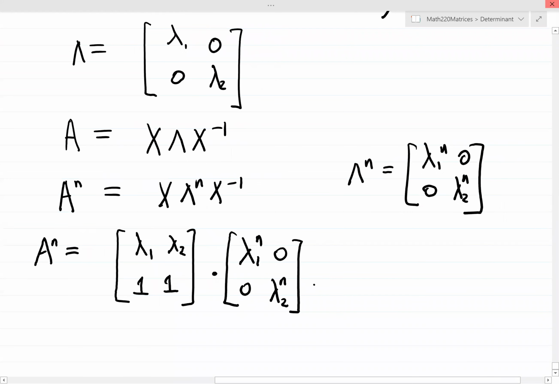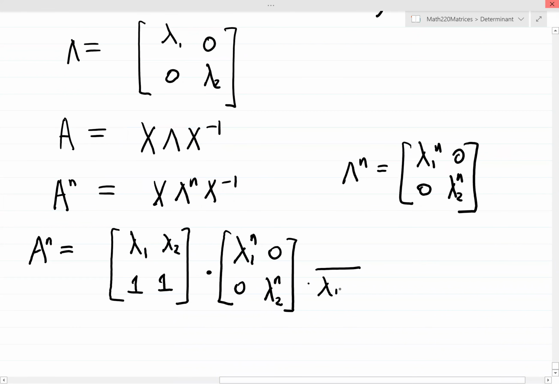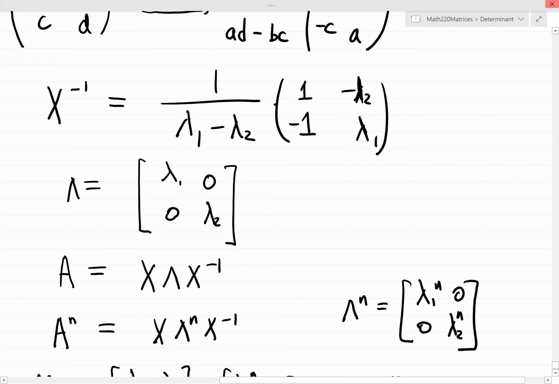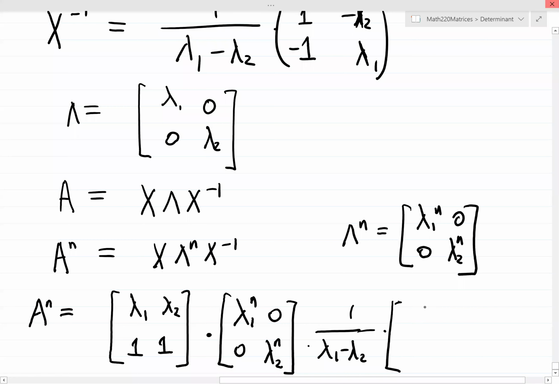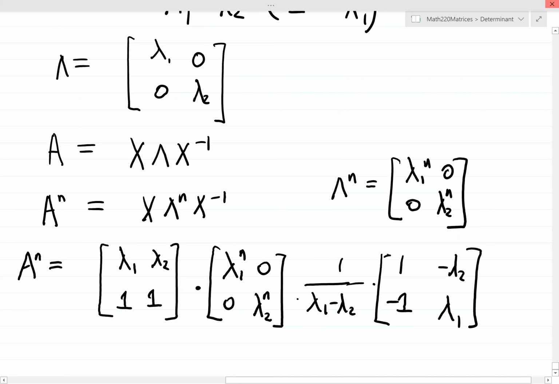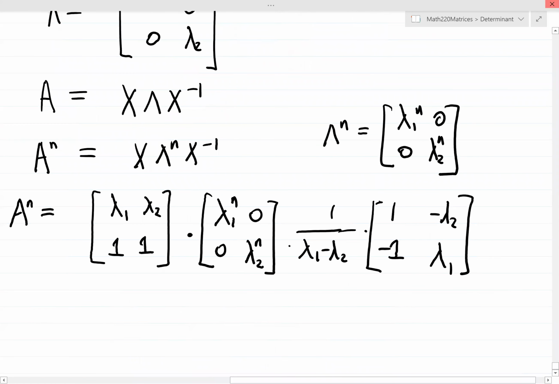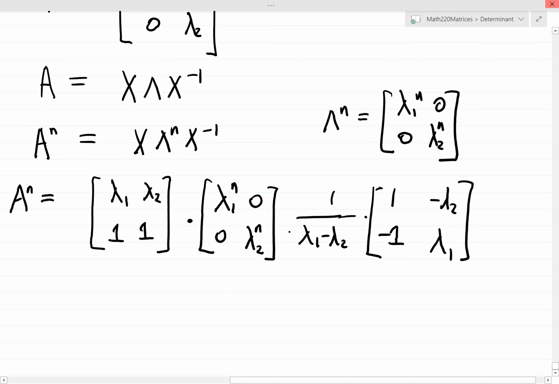X inverse we already know: 1 over lambda 1 minus lambda 2 times the matrix (1, negative lambda 2; negative 1, lambda 1). So we multiply these together. This looks tedious, but it's not that bad.